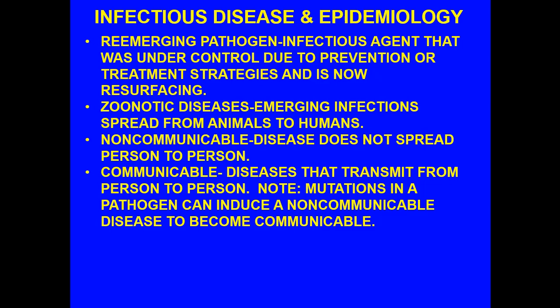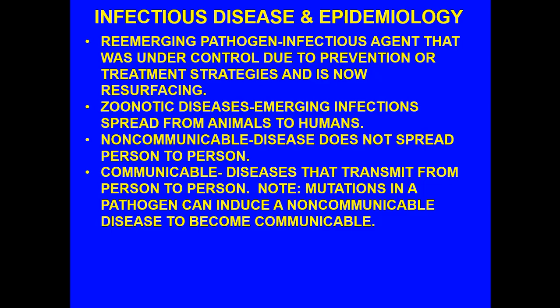Now, somehow that control broke down. In certain areas of the world, malaria has resurged, and this is in part because the malaria parasites are now resistant to chloroquine, primaquine, artemisinin, etc., these drugs.